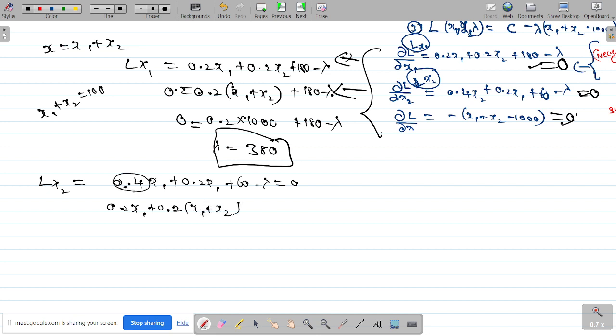I split the 0.4 into 0.2 and another 0.2. Then I take common x1 plus x2, plus 60 minus lambda equal to 0. So this is 0.2 x1 plus 0.2 into 1000, plus 60 minus lambda, which we just found to be 380. So this is equal to 0 now.